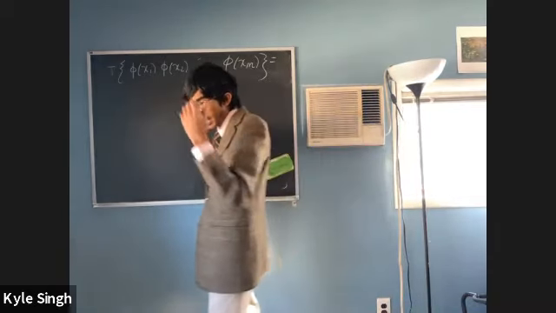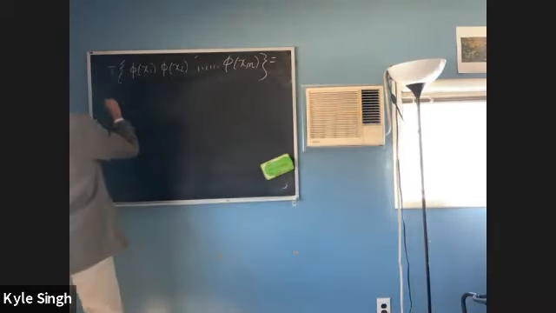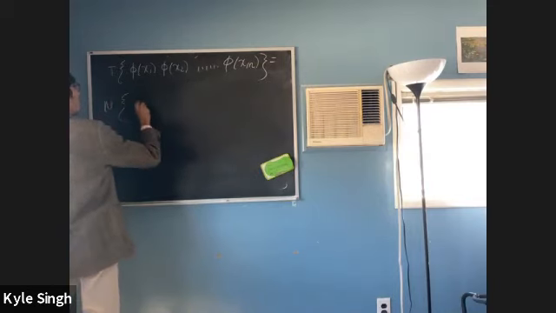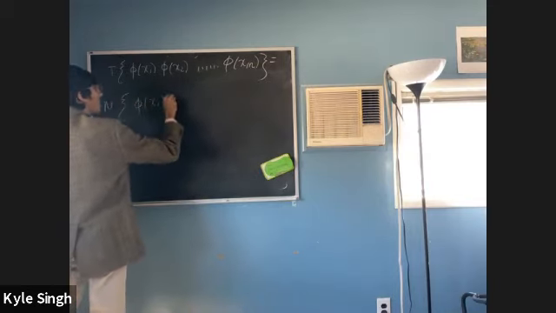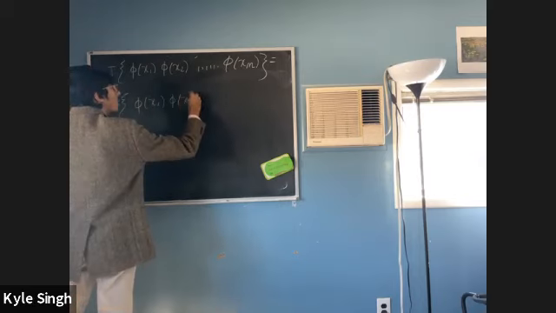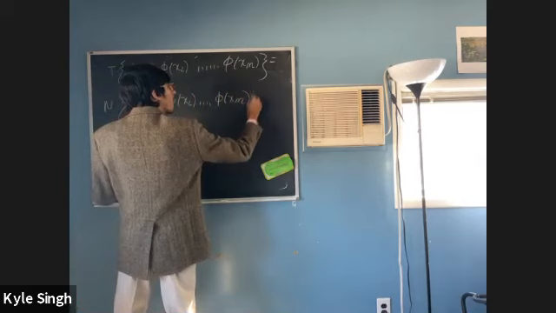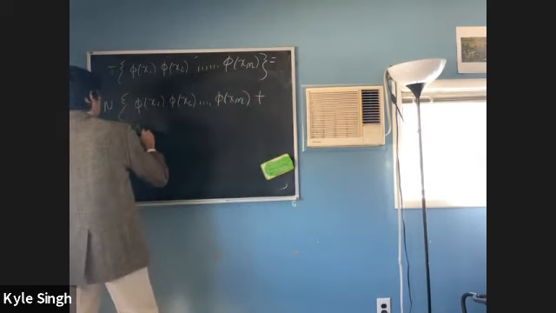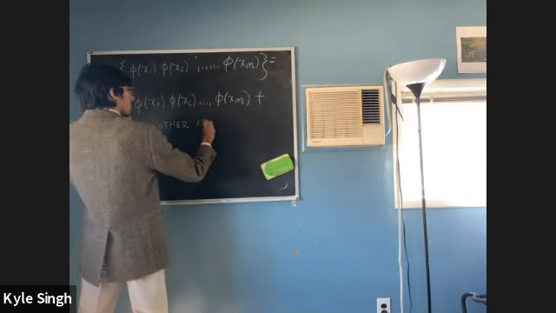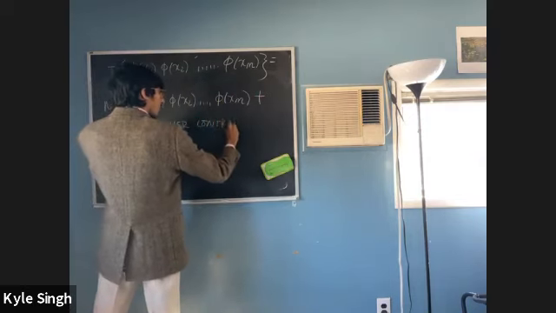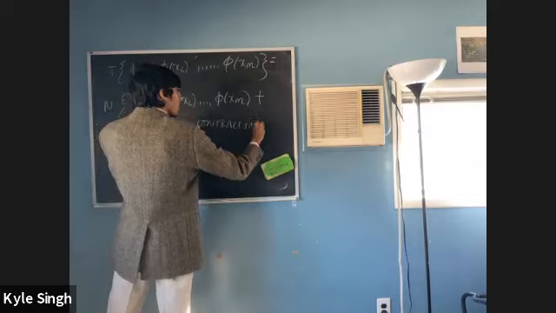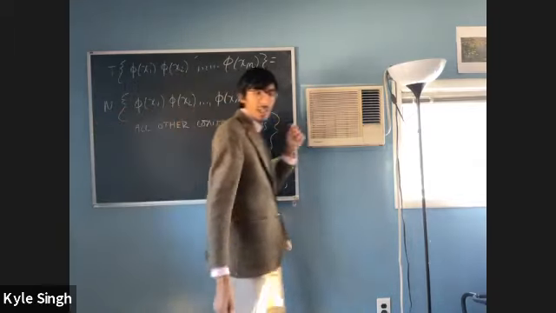What Wick's theorem says is that this is nothing else but the normal ordered product of phi x1, phi x2, up to phi xm, plus all other contractions. Okay, that's Wick's theorem.